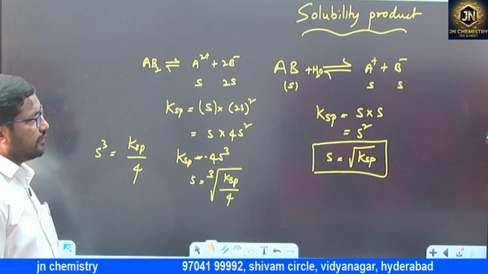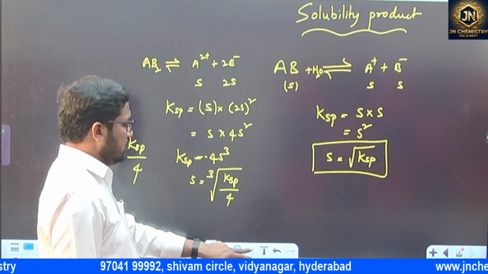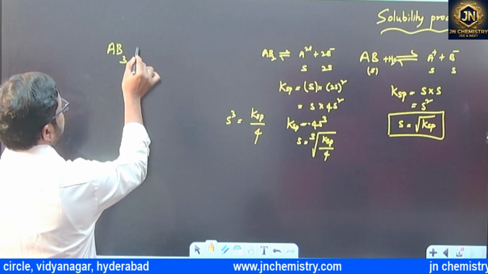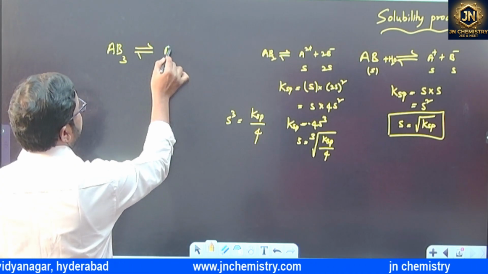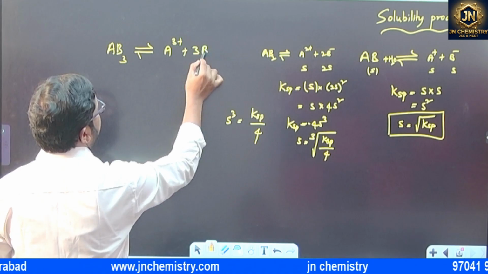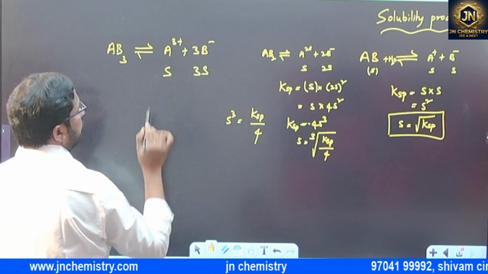AB2. Next, AB3 type. A3+ 3B−. This is S, 3S.